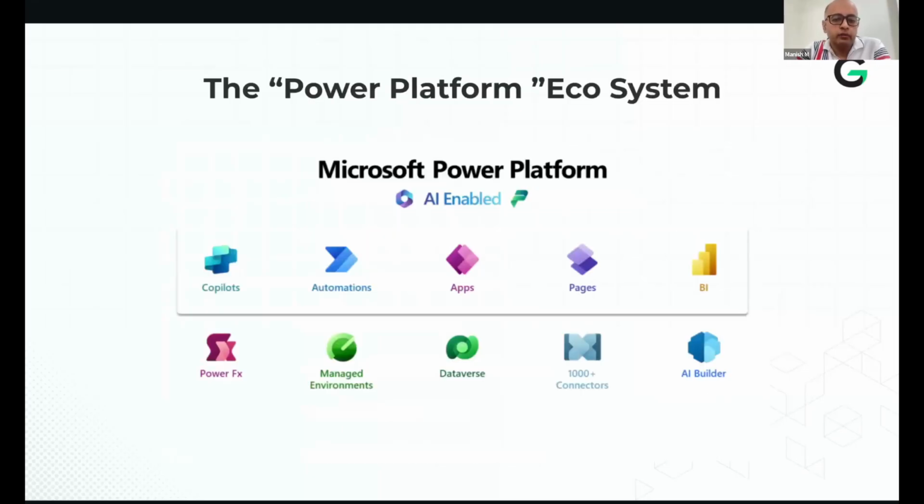So the Power Platform ecosystem, if I talk about, is based on five things, which all serve different functionality. I'll go through each of them one by one. So first is Copilot. Copilot is nothing but a platform which gives you an ability to create agents by low-code, no-code means. When I say agent, on a very simple level, a definition of agent is somebody who can do a task for you using some natural language.